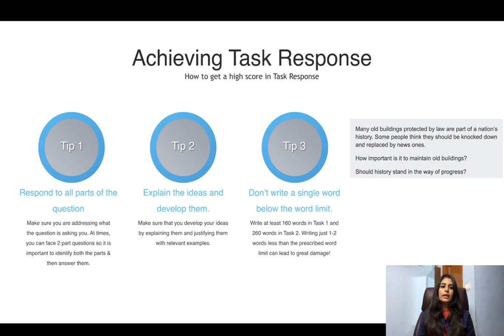So here, let's say, how important is it to maintain old buildings? We could give the example of the Taj Mahal here, right? We could say it is one among the 7 wonders of the world, and it is a heritage site.